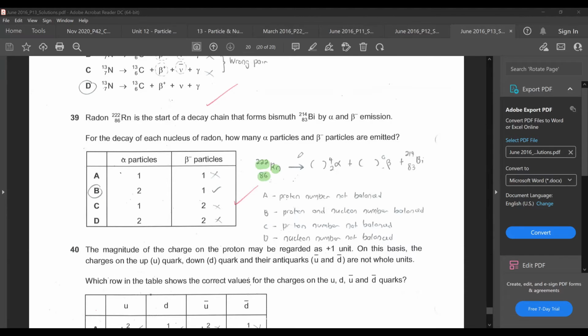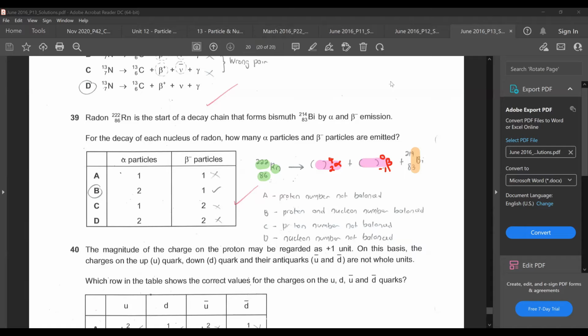Radon 222, 86 decays into an unknown number of alpha particles and an unknown number of beta minus particles, and finally your bismuth 214, 83. This one is beta minus, 0, -1. This is alpha, 4, 2. So what you can do here is basically trial and error.